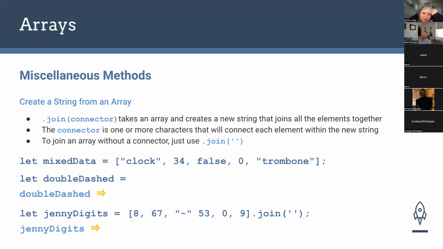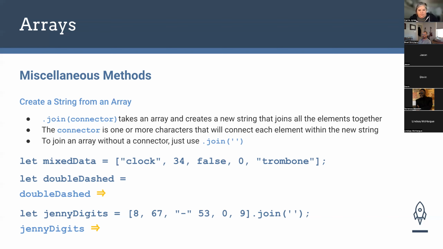So what would we do if we wanted to join each of these with two hyphens? Let double dash equal mixedData.join, and then with the hyphens.